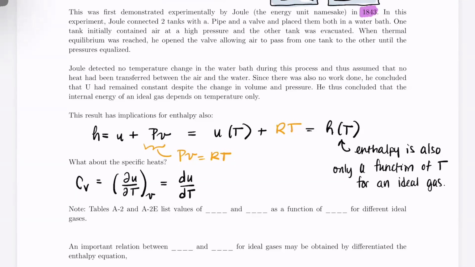And then Cp is equal to the change in enthalpy with respect to temperature for a fixed pressure. Since enthalpy is also only a function of temperature, this also becomes a total derivative. Tables A2 and A2E list values of Cv and Cp as functions of temperature for different ideal gases.